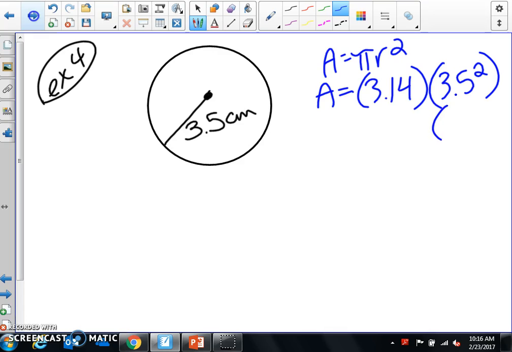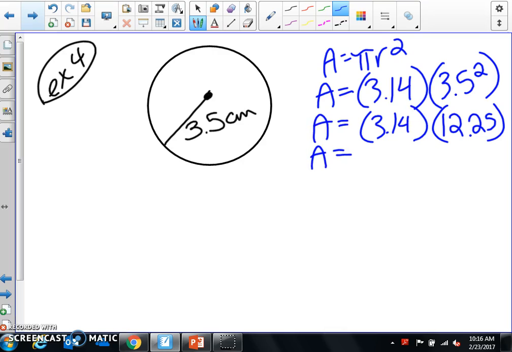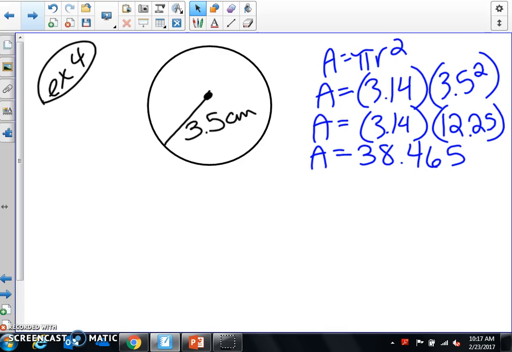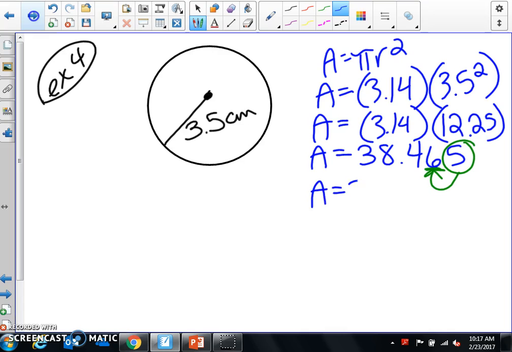Just like before, I have to get this squared first, so 3.5 squared gives me 12.25. Bring down your 3.14. And now I just multiply. 38.465. I'm going to round it to the nearest hundredth. 5 or more, raise the score. So that's 38.47 centimeters squared.